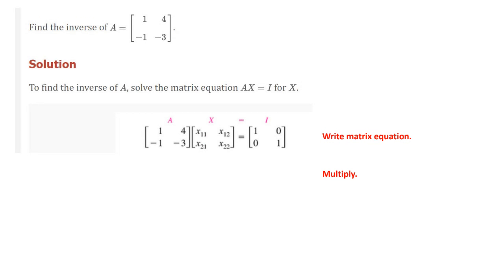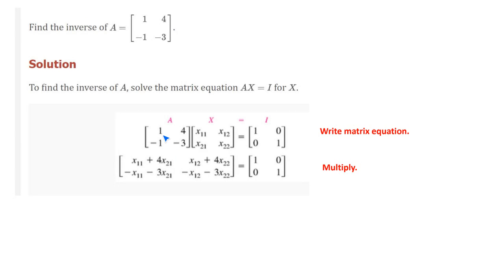Then we are going to multiply them together. I take this row and multiply it times this column. So 1 times x11 is x11, and 4 times x21 gives me 4x21, then 1 times x12 is x12, and 4 times x22 is 4x22.